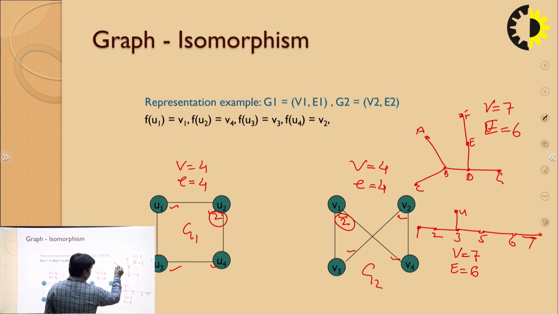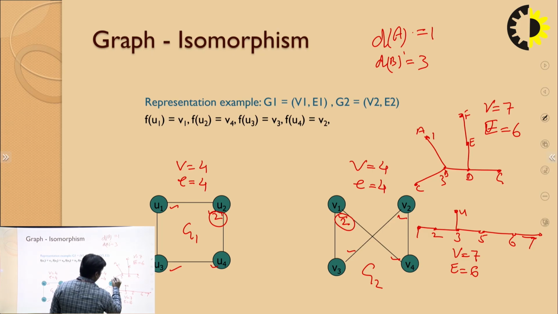Here we see that the degree of A equals 1, the degree of B equals 3, and the degrees are 1, 3, 1, 3, 2, 1, 1.